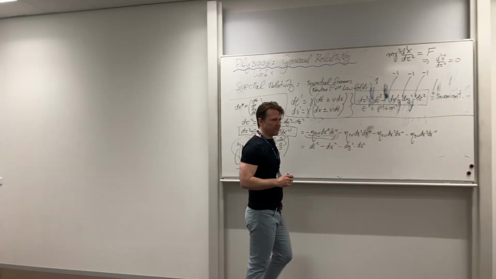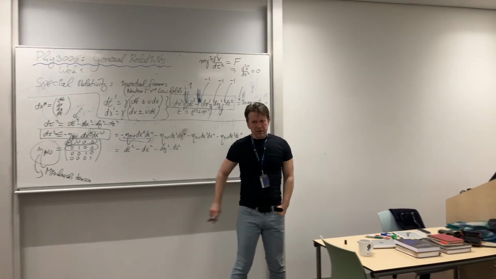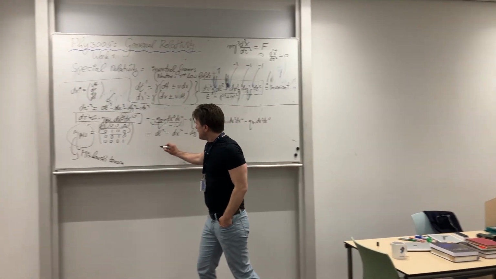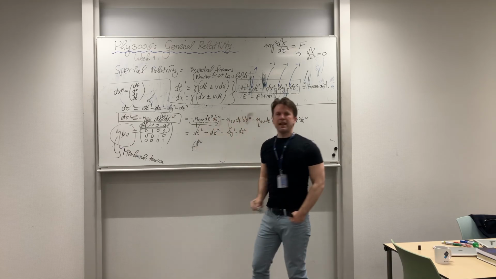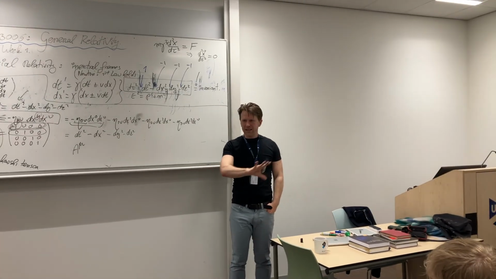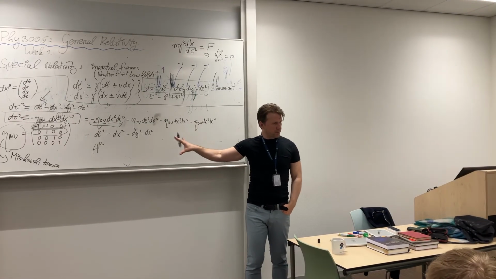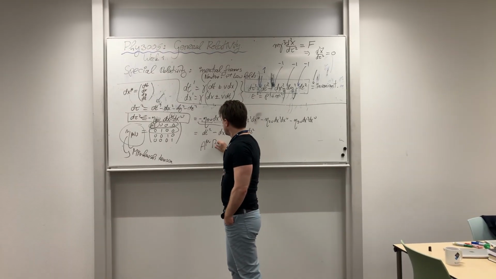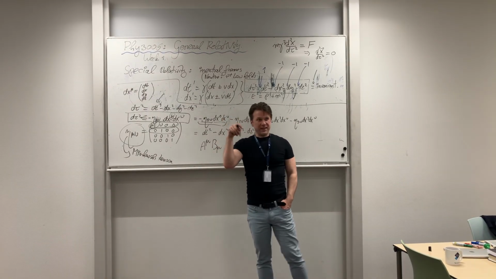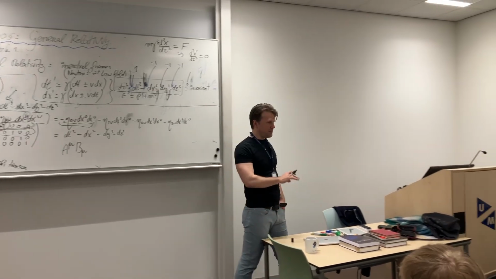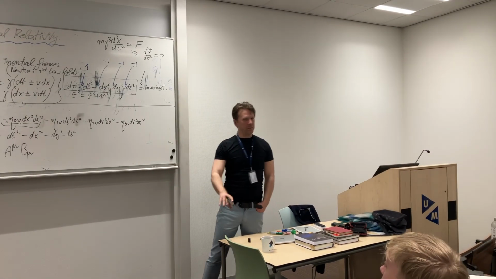So let me write down very clearly what I mean by contraction. If I have an object, A, with an index up, I'm leaving completely aside what the object physically means, and I have another object with an index down, again leaving aside what physically the object means.